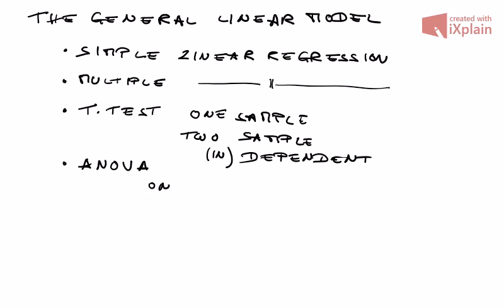So there's something called one-way Anova. And if there's one way, there's also more than one way. So let's call that n-way Anova, because there's two-way, three-way, whatever Anova.